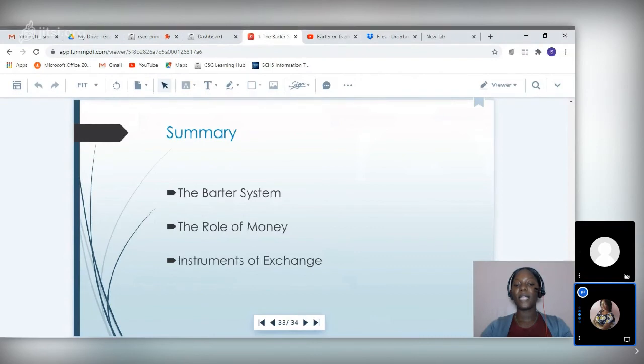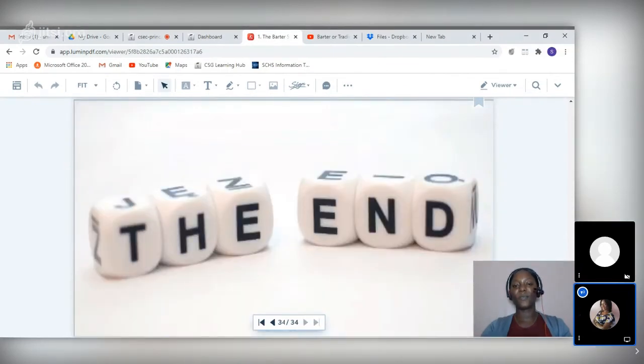We also looked at the role of money, including the characteristics and functions of money. And finally, we looked at the various instruments of exchange, including credit card, debit card, money orders, electronic transfers, and bill of exchange.